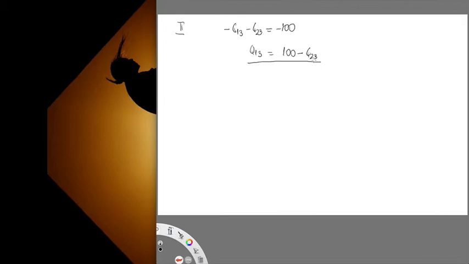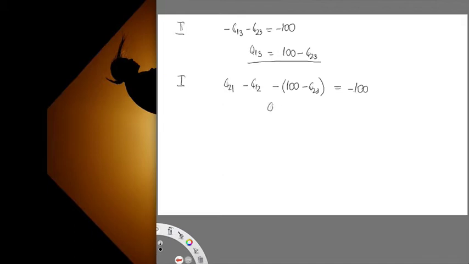And when I put things into number 1, now I know that Q21 minus Q12 minus Q13, and I know that is 100 minus Q23, is equal to minus 100. Double check on me that I did things correctly.